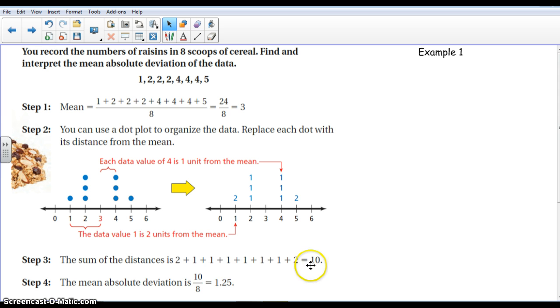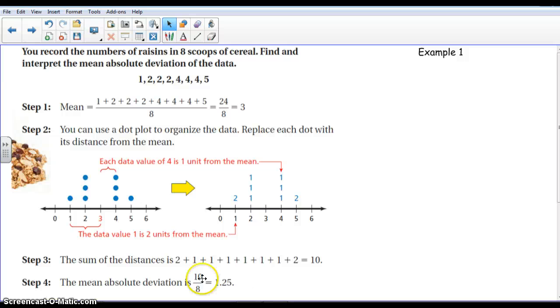You have 8 numbers again. You divide the 10 by the 8, and you get 1.25. 1.25 is the average deviation, the average distance away from your mean. Your numbers are an average of 1.25 away from your mean.